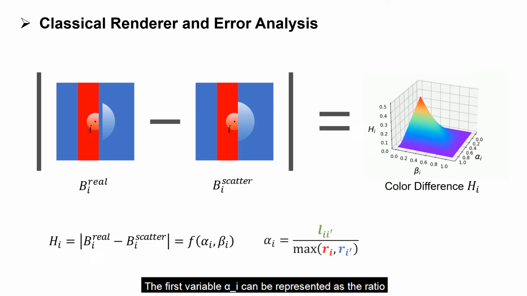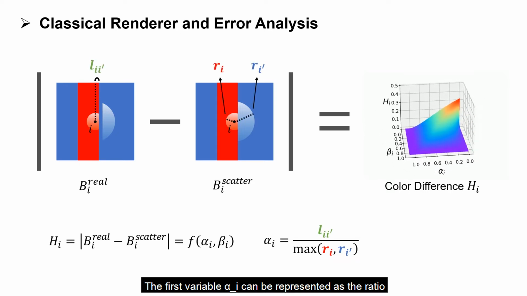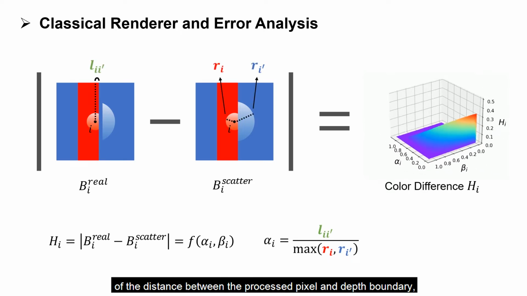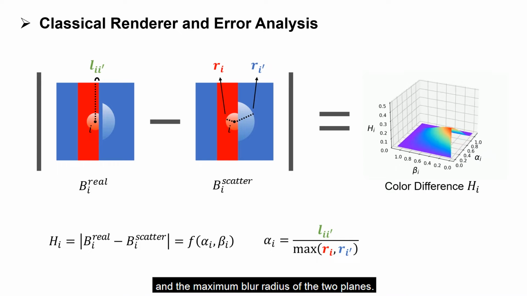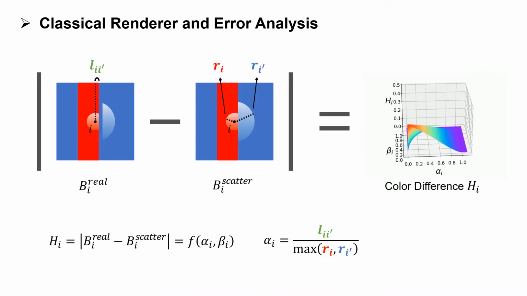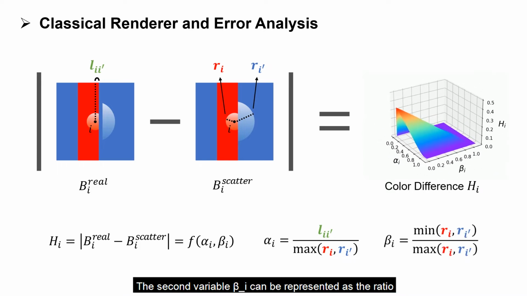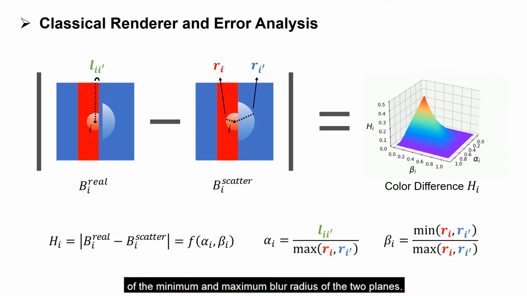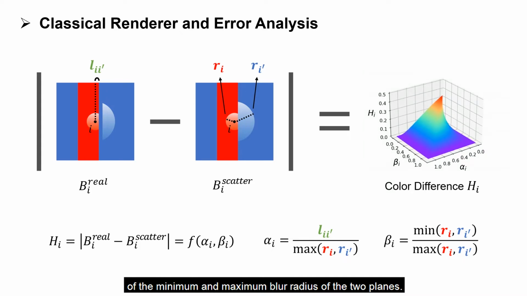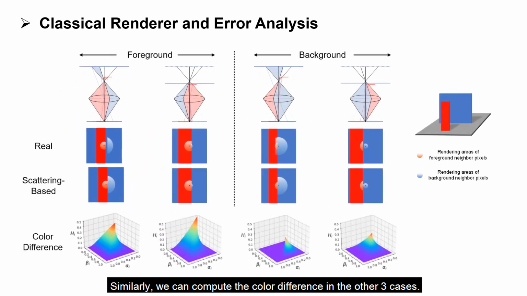The first variable alpha sub I can be represented as the ratio of the distance between the process pixel and depth boundary, and the maximum blur radius of the two planes. The second variable beta sub I can be represented as the ratio of the minimum and maximum blur radius of the two planes. Similarly, we can compute the color difference in the other three cases.